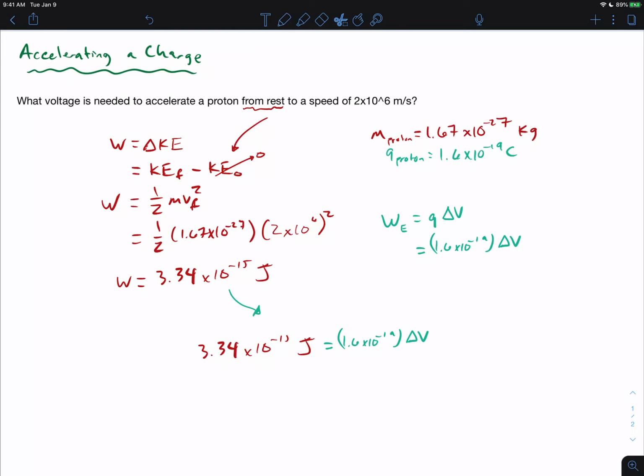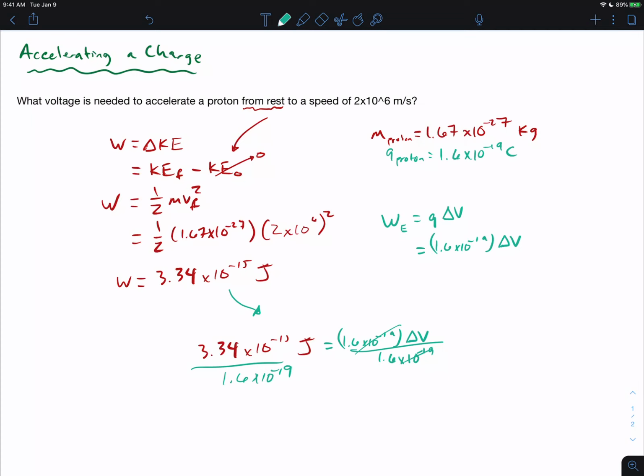Now all I need to do is solve for the voltage, right? So the potential difference that I need in order to do this becomes, this is going to cancel out right here, and now we just need to solve for this in our calculators. We've got our 3.34 times 10 to the minus 15, and we divide this by 1.6 times 10 to the negative 19.